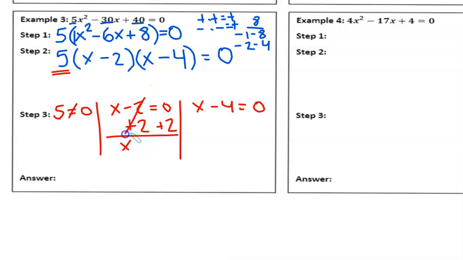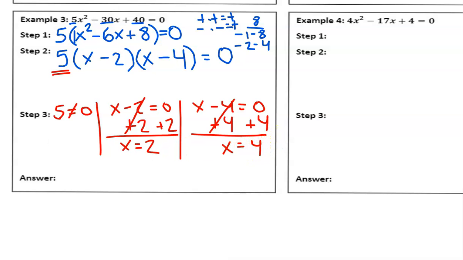So the 2's 0 out. The right side, when I add them up, I get a 2. Over here, how do you undo minus 4? I need to plus a 4 on both sides. So the 4's 0 out, and you get x equals 4.